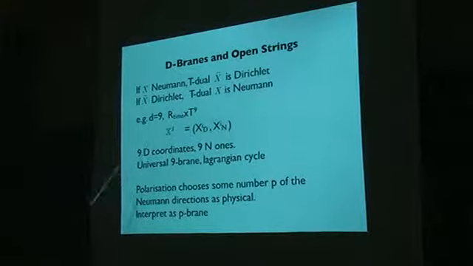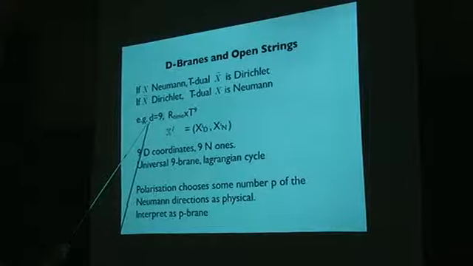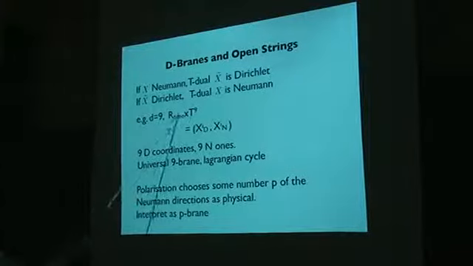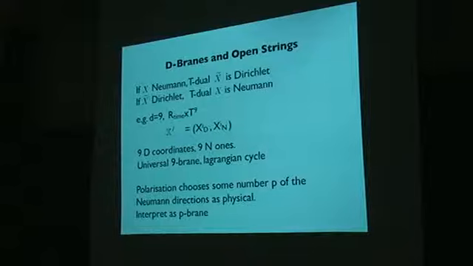So, for example, if one looked at a 9-dimensional torus times a non-compact time, then there would be 9 Dirichlet coordinates and 9 Neumann ones. Because there would be 9 x's and 9 x tildes, and of those, half would be Dirichlet and half would be Neumann.